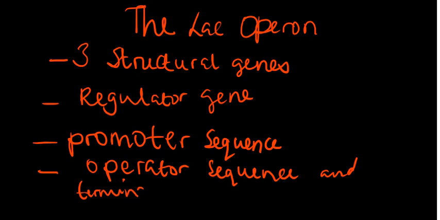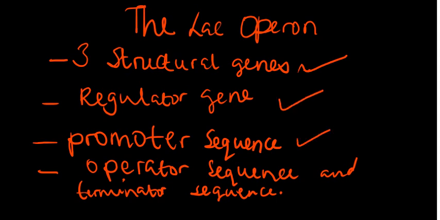So one thing about the Lac Operon, it has 3 structural genes which we're going to look at. It has a regulator gene, it has a promoter sequence, it has an operator and terminator sequence. Now we're going to go into detail to look at this.